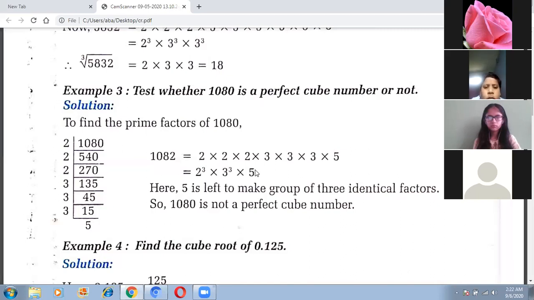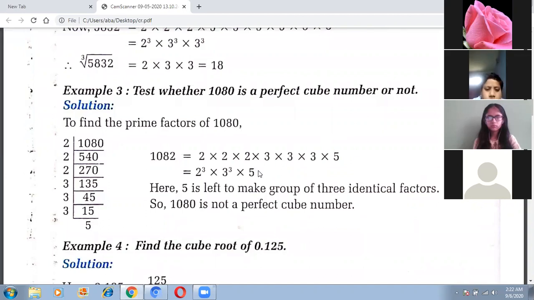Now 5 does not have 3 identical factors. Yes, only 5 is left. Now to make it a perfect cube number, here we need to multiply by which number? Again 5 into 5. Yes or no?